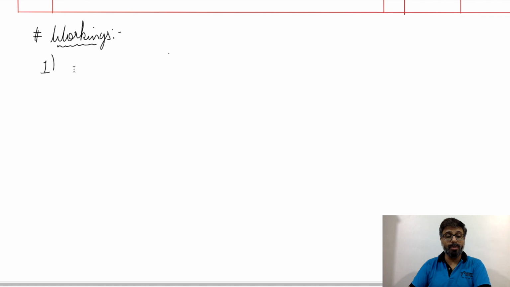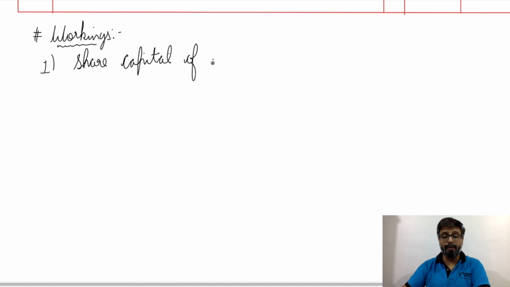Then all of you write down share capital of Alpha Limited, 15 lakhs, as we have seen in the balance sheet. Then the same, share capital of Beta Limited, 6 lakhs.